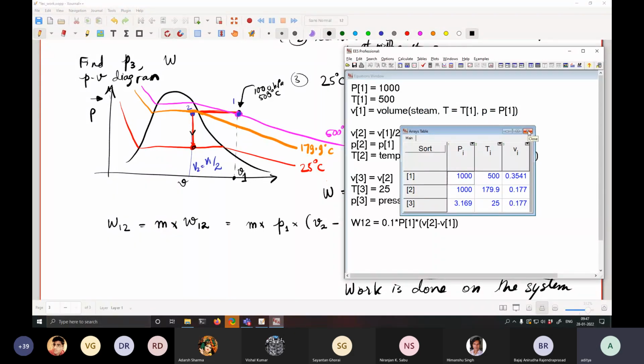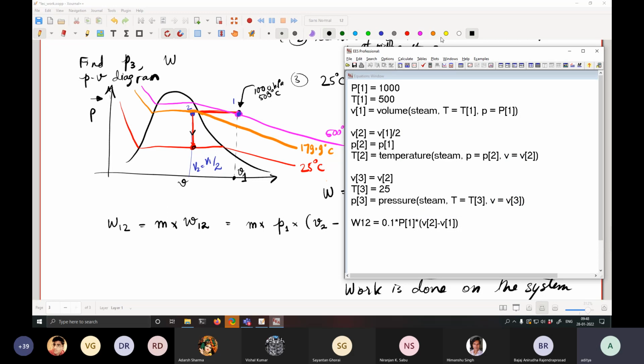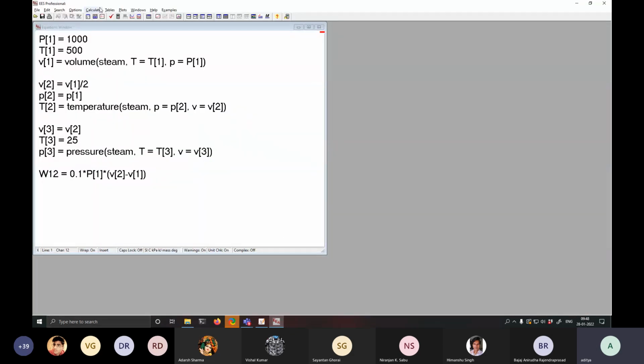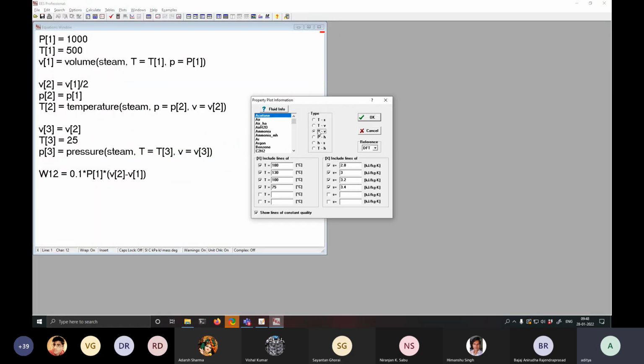I could have done two things over here, but you should do the other thing. The first thing, which you should probably not do, is to directly plot all the points. I go to property plots. Let me just maximize this. I go to plots, property plots. I'll go to the PV diagram.